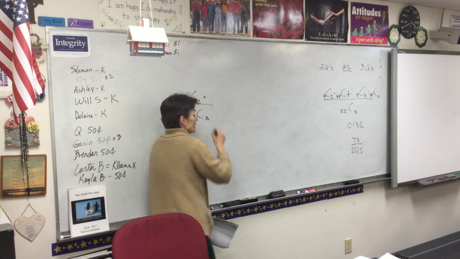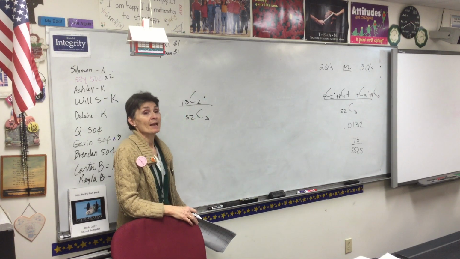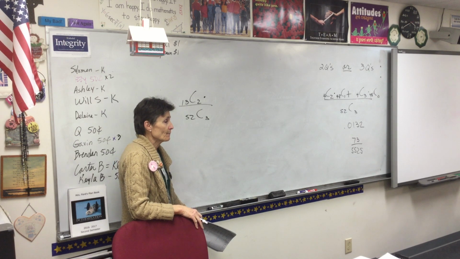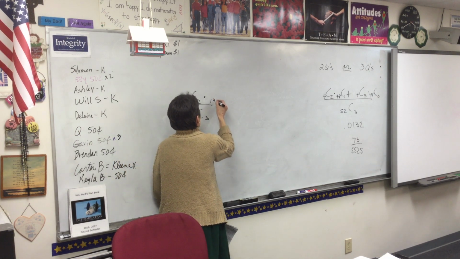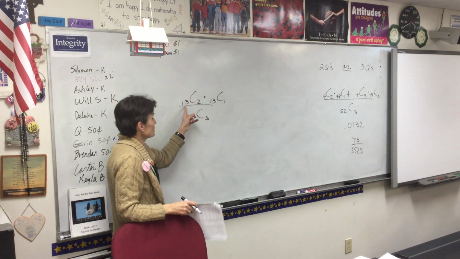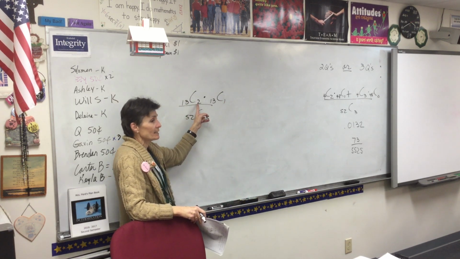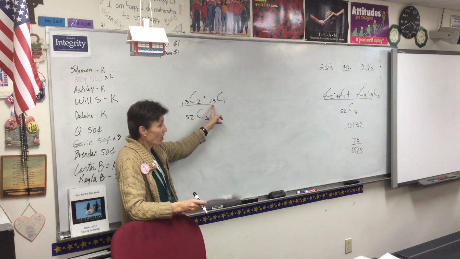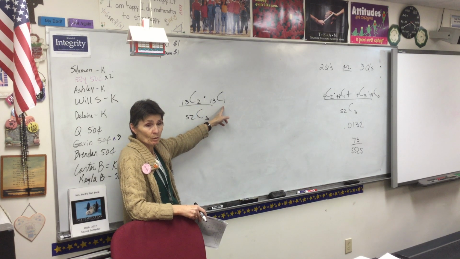Times, because we are getting 2 diamonds and 1 heart. How do I get a heart? 13C1. So there are 13 diamonds, and I'm picking 2. And there are 13 hearts, and I am picking 1.